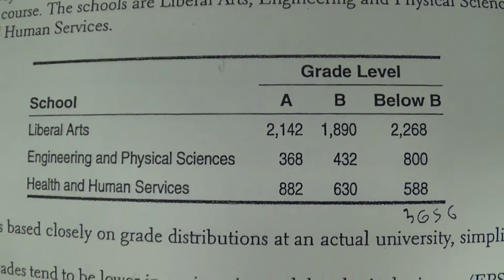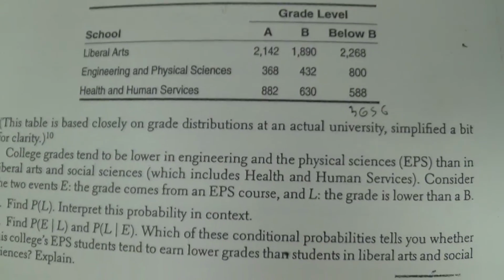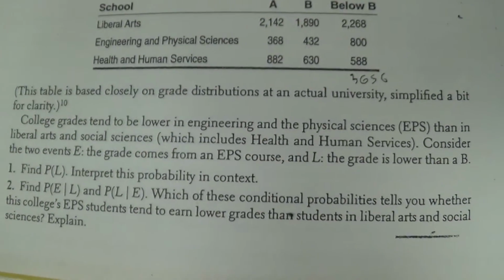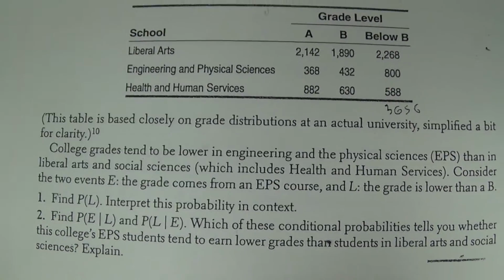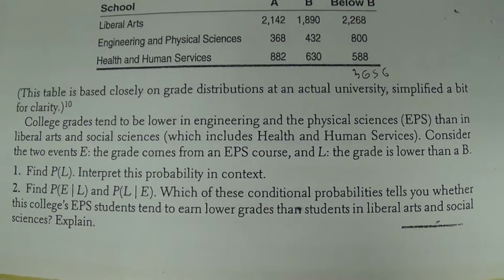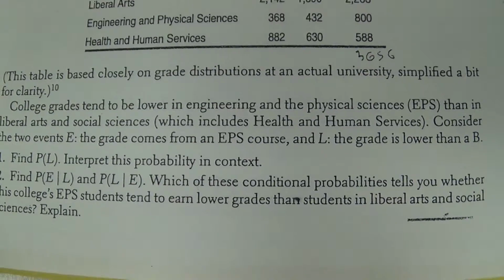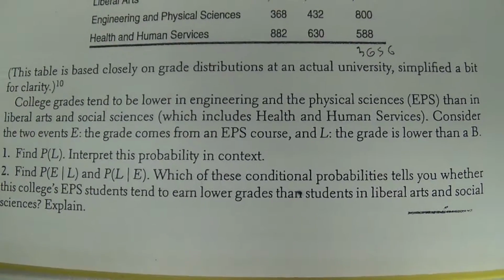Keep reading. This table is based closely on grade distributions at an actual university, simplified a bit for clarity. College grades tend to be lower in engineering and physical sciences, EPS, than in liberal arts and social sciences, which include health and human services.